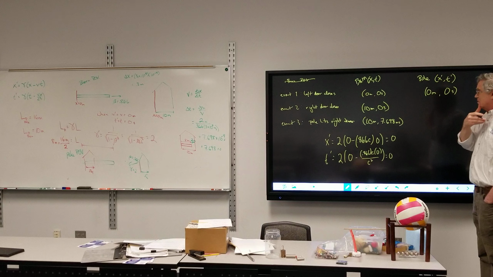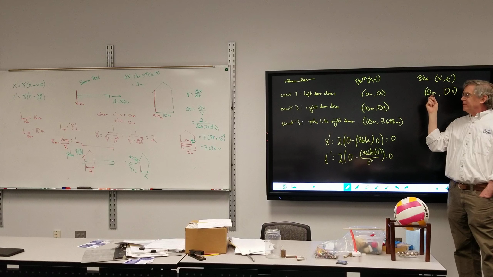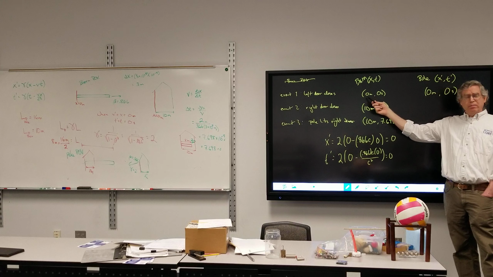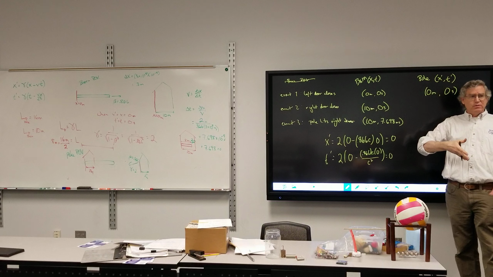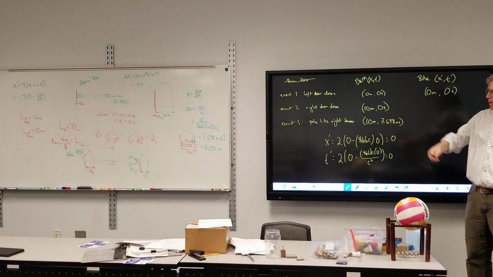And that again makes sense, just because we established that when the 0 meters for the pole and the 0 meters for the barn match up, we synchronize the times at 0. So that matches basically what was said in the problem.